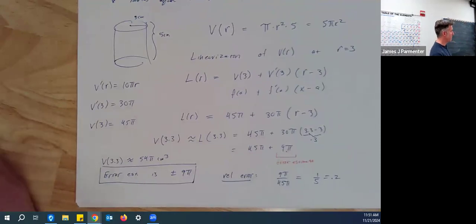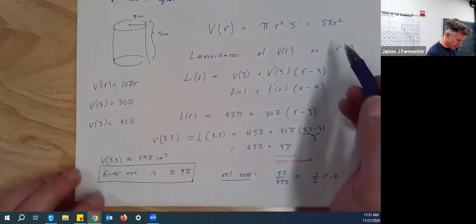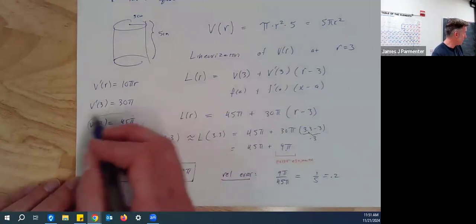When you're finding the relative error, it's like the relative growth rate in population. When we talk about the growth rate, we're saying the population is growing at maybe 1,000 people per year. But the relative growth rate is 1,000 people per year per the population size. So when we talk about the relative error, it's the error in the volume divided by the total volume. And my total volume was, I believe, yeah, 45 pi.